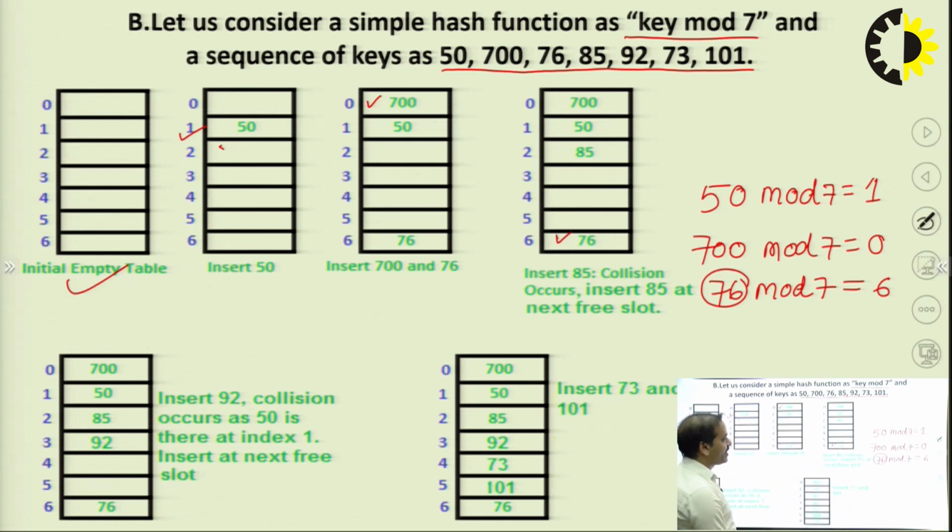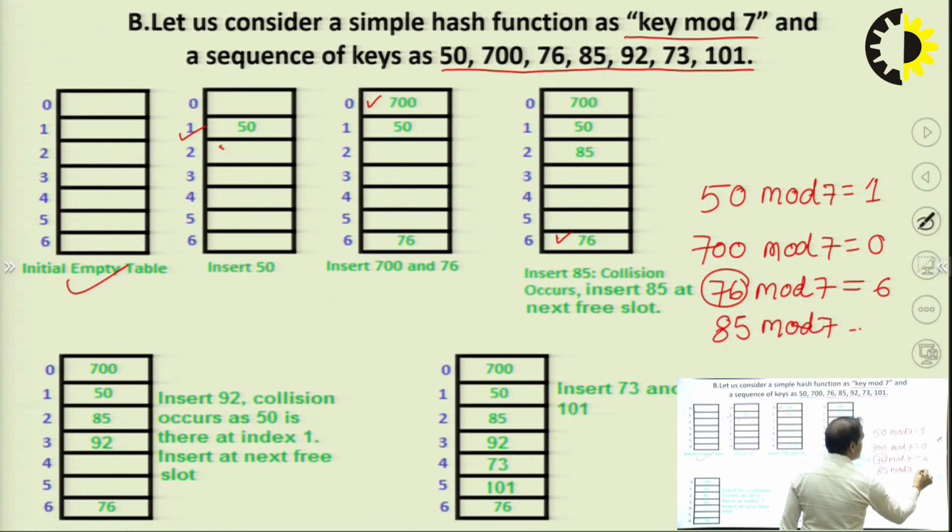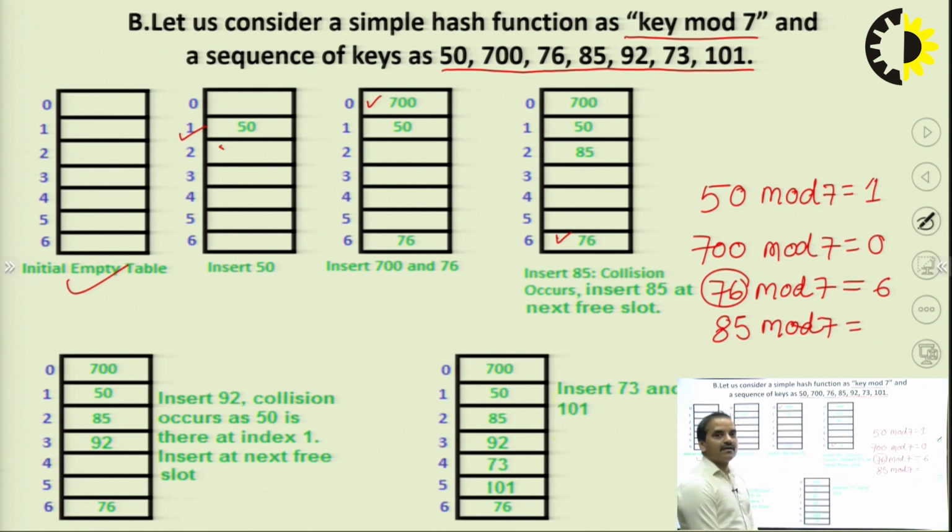Now 85 mod 7. The output will be 1, but location 1 is already occupied by 50. So we store 85 at the next empty block, which is the second position.